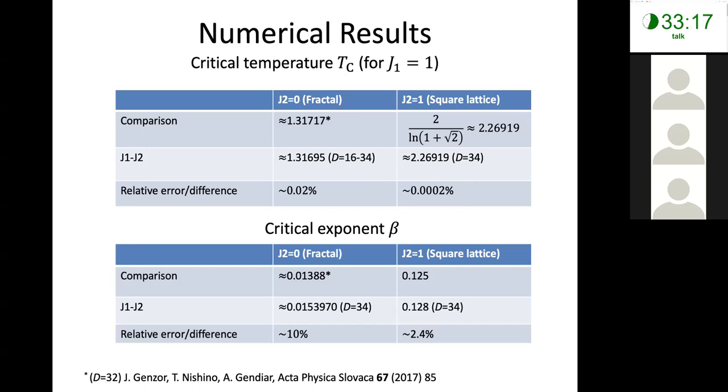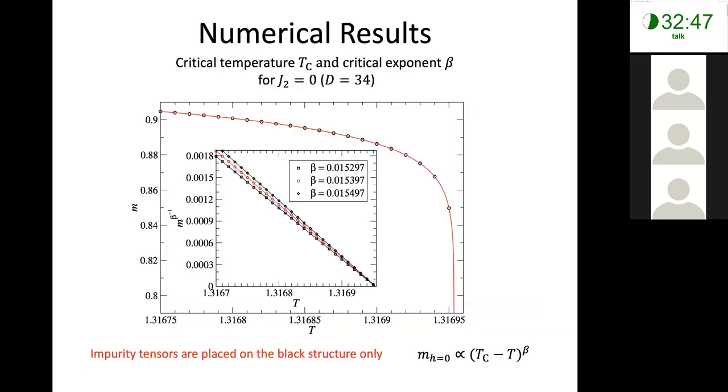with previous results. It's difficult to say which ones are actually more accurate. There is a relative difference of around 10%. And for the square lattice, there is even better agreement. So this is a sanity check that this method gives the expected results at both of these extreme points.